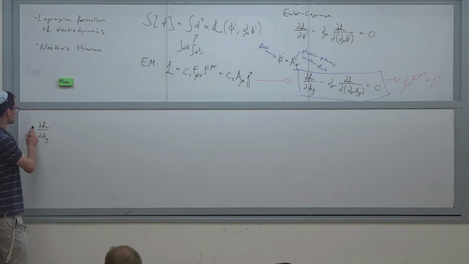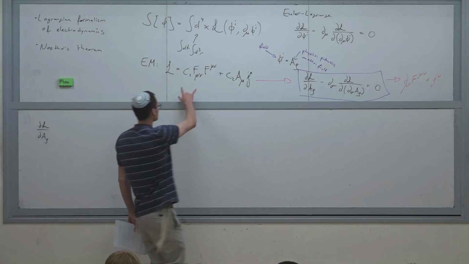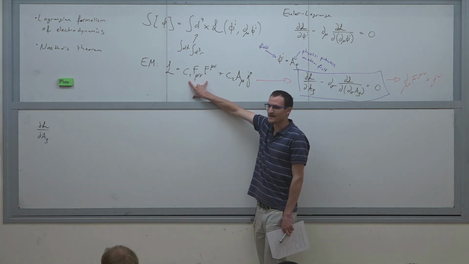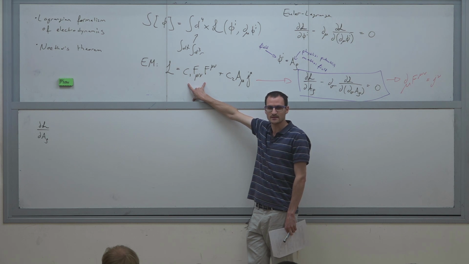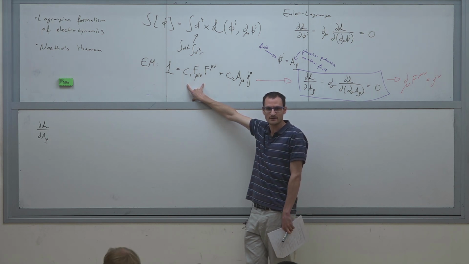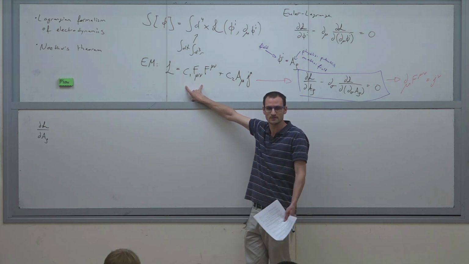So notice that when you're taking the derivative of the Lagrangian with respect to A rho, the first term just vanishes, because F mu nu only depends on the derivatives of the field, not on the field. It's like taking the kinetic energy, which is proportional to x dot squared, and differentiating with respect to x, you get 0, because x dot does not depend on x.